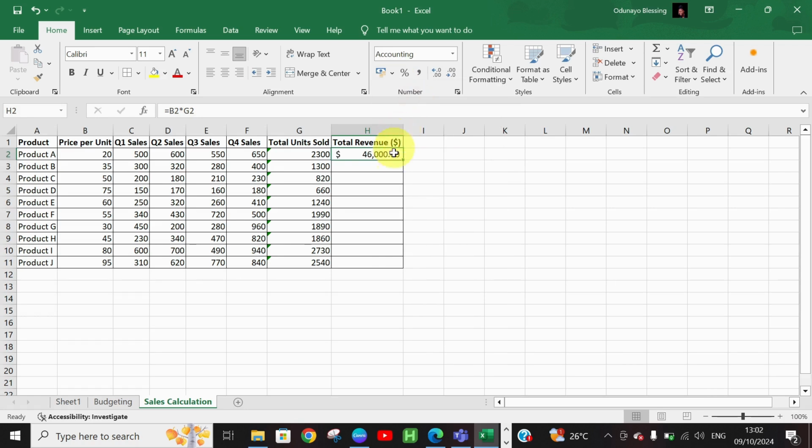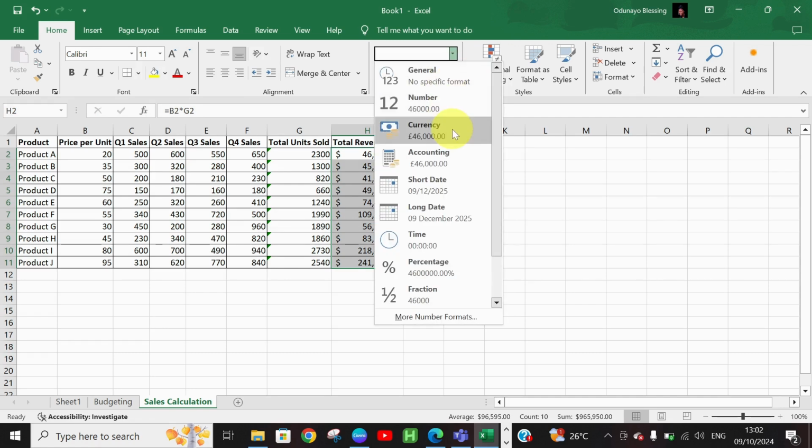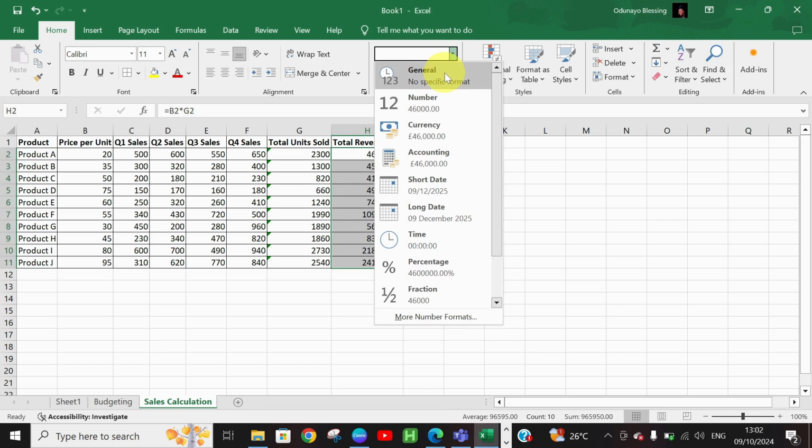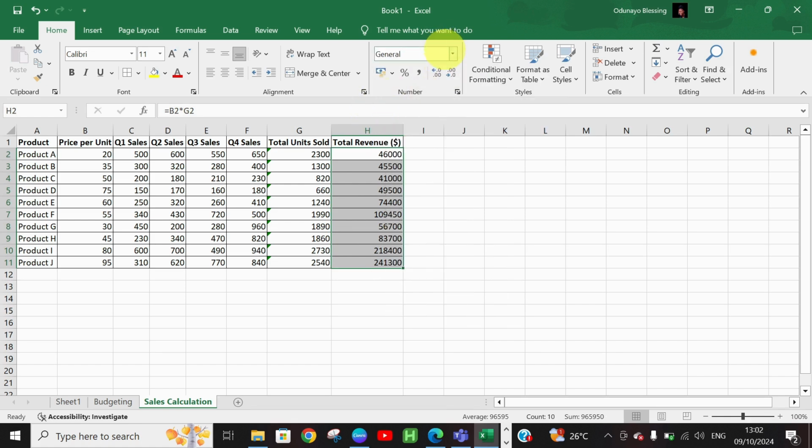Our currency is in dollars. So then you have your figure to be this. So this is the total revenue for all of these products in that year. To eliminate the dollar sign there, you can just make it to be in numbers, or you make it to be general. All of this has been shown previously, and you have your figure.